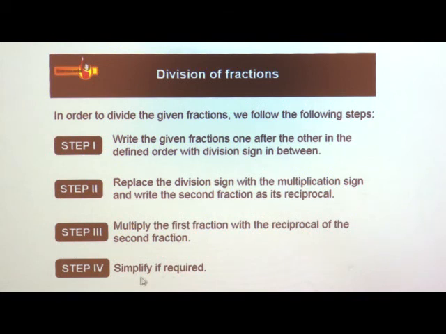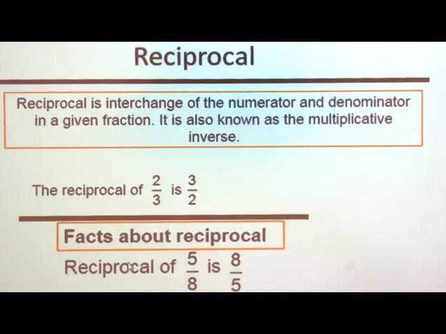In the last step, simplify if required, which means you have to make it into the lowest form by division or by reduction, to get it into simple form. That is nothing but simplification. We will see all the steps one by one when we go through practical examples.